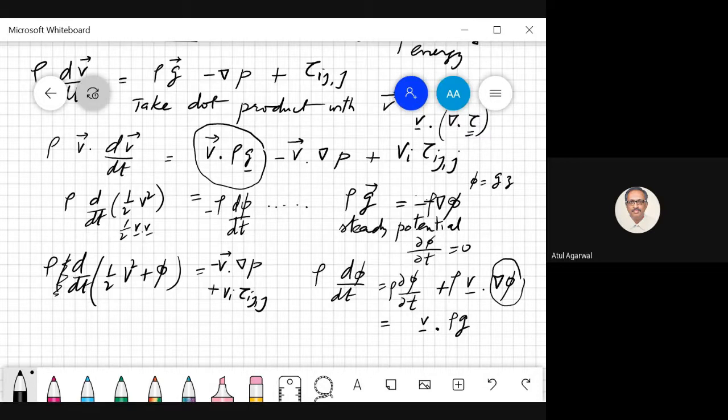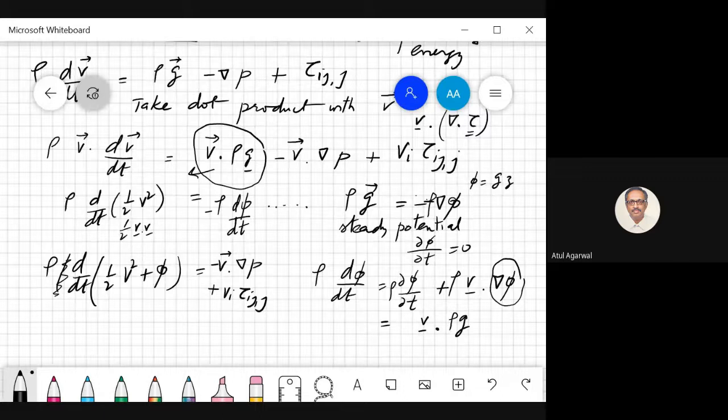I just converted this term into a potential. So it is the derivative of potential. So it is just the total time derivative of your kinetic energy plus potential energy. And this can be written as minus v dot gradient of p plus this. So because of pressure effects, some energy is transferred.